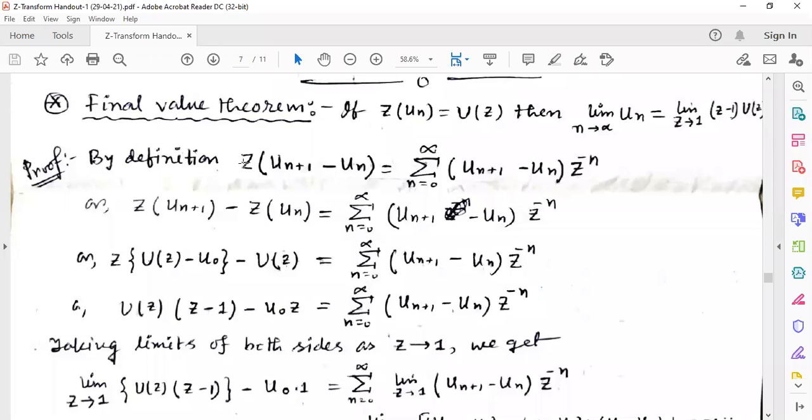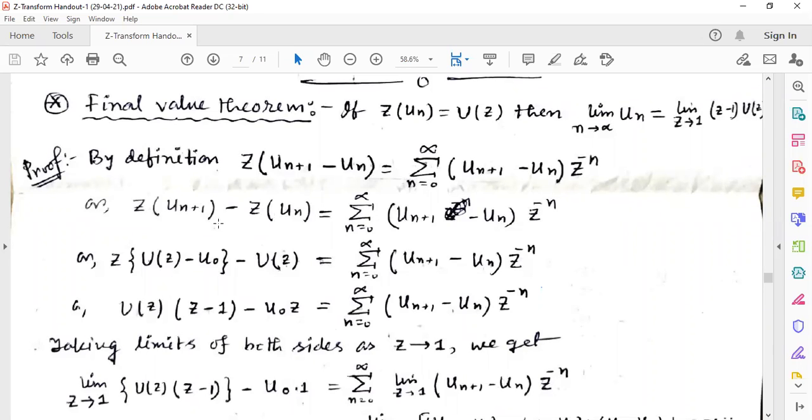So by definition, Z of u_(n+1) minus u_n can be written as summation n equal to 0 to infinity (u_(n+1) minus u_n) into z to the power minus n. Or from here, by the linear property of the Z transformation, we can write Z transformation of u_(n+1) minus Z transformation of u_n.